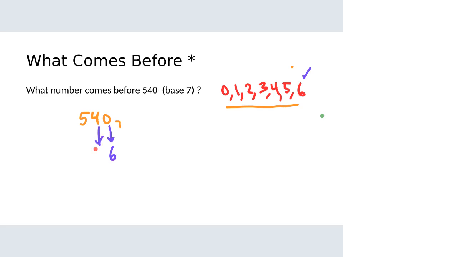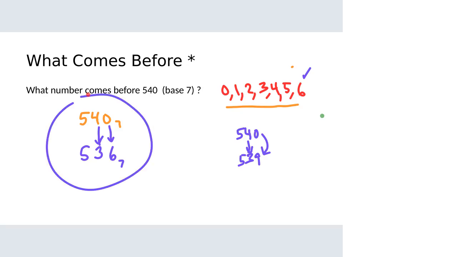This is going to have to go down by 1, and I'm at 536 base 7. Imagine if these give you trouble, if we had 540 in our base 10 system, well, you'd go 539, because this went to the highest number we have, and this went down by 1. And that's exactly the same thing we did over here to get 536 base 7.